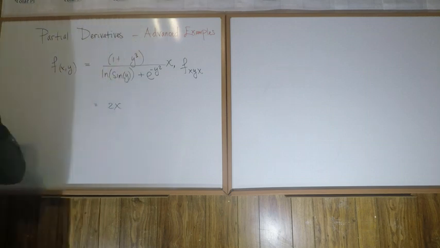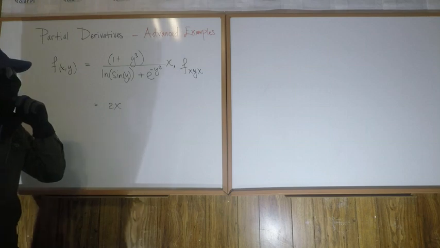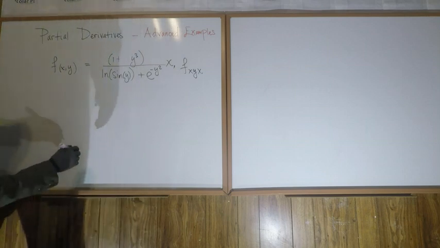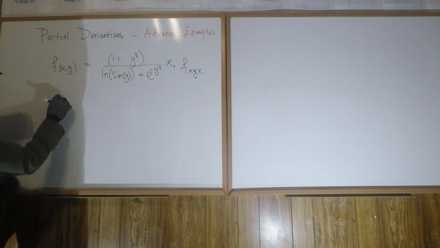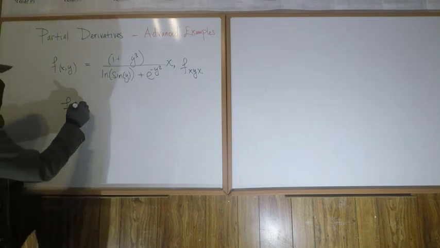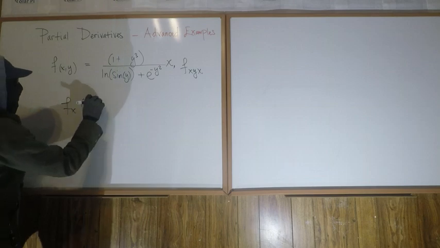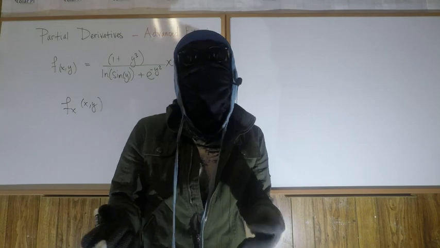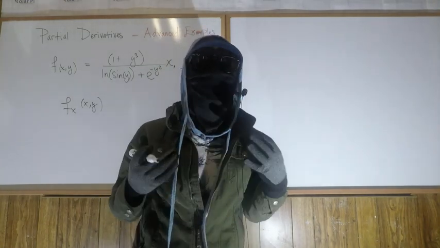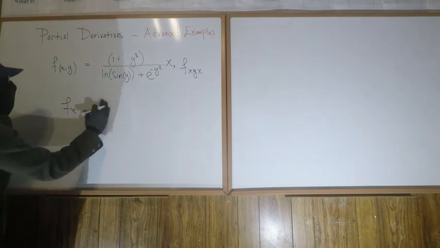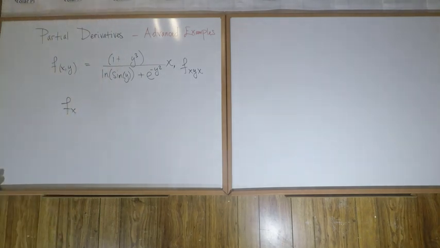So what we should do is take the partial with respect to x to start. Let's start with fx. Yes, it's f sub x, but don't say f sub x; in context, if you say fx, we all know what you mean. We know it's a function of x and y, so we don't need to write that.